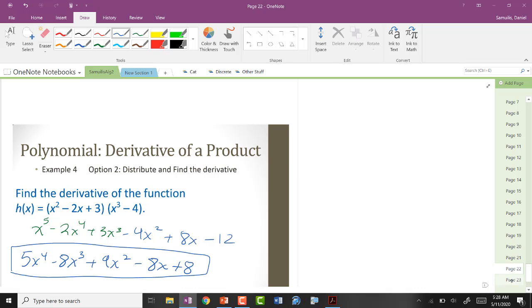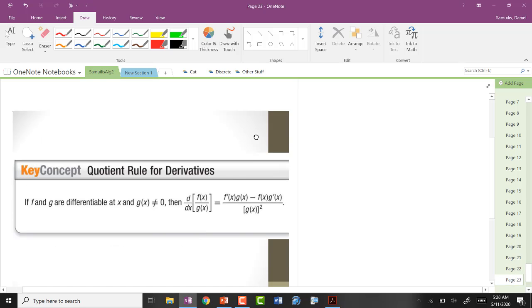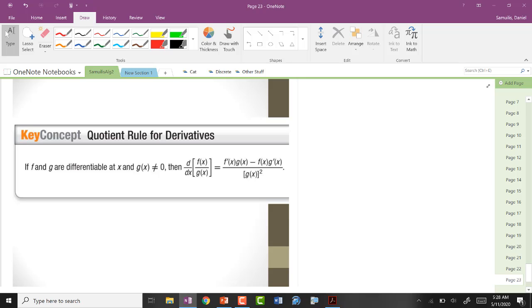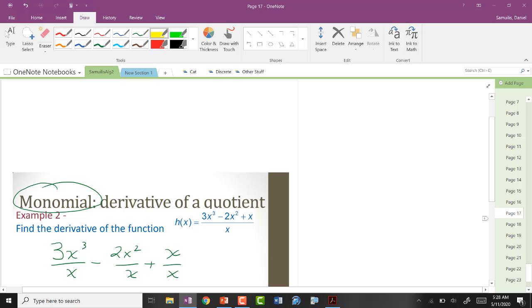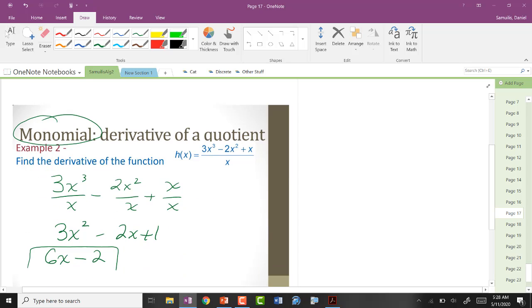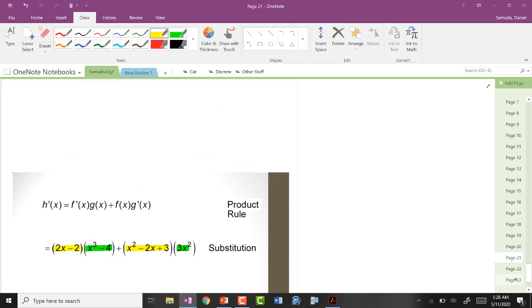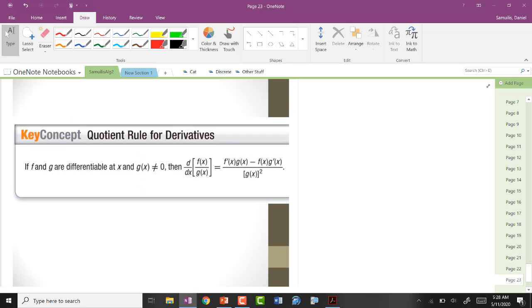However, for the quotient rule, it is actually way easier to use the actual rule for it. So here is the quotient rule for derivatives. If it's not a monomial term, like the first example back up here, finding the derivative of a monomial, yes, go ahead and just divide it and find the derivative. That's much easier. But if we don't have a monomial denominator, we are taking two functions again, so we're splitting it.